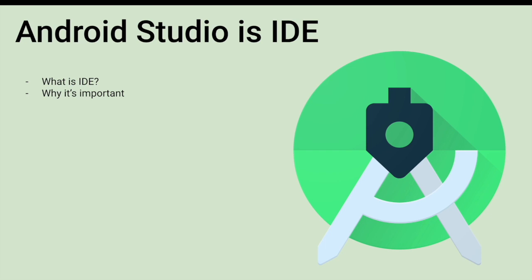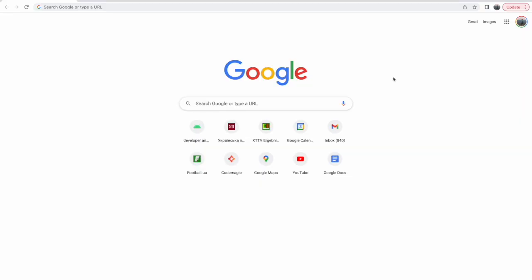Potentially you can write code everywhere, in the notepad, on a piece of paper, but an IDE itself provides certain features which are really needed for every developer, such as debugging, syntax highlighting, and compilation. We will come back to those features when we install Android Studio, and we will get familiar with those features as well. As we already know what we are going to install, I would suggest to jump into the installation process.